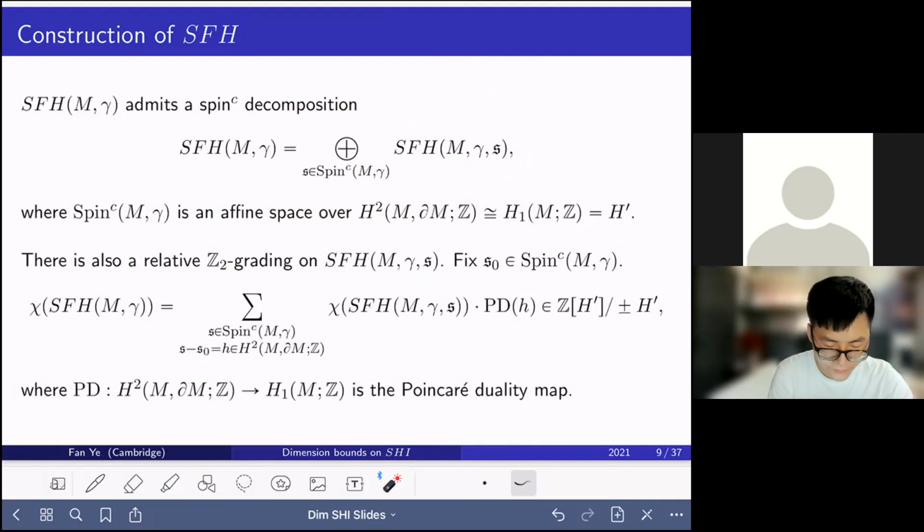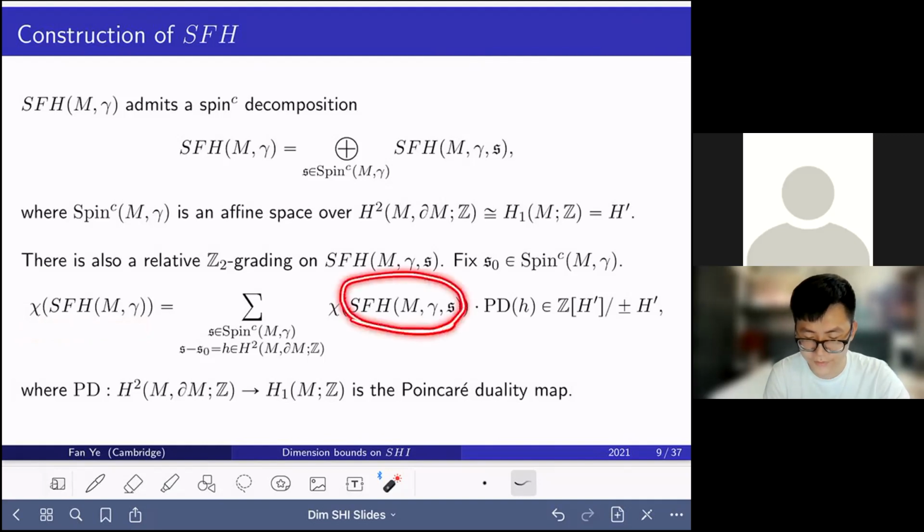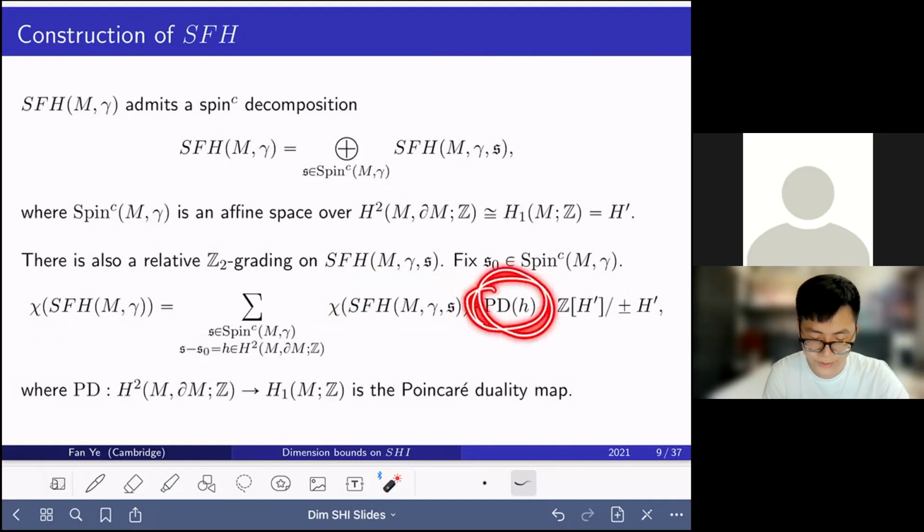Roughly speaking, the definition is that we first choose the group in some specific Spin^c structure, take the Euler characteristic, and multiply by an element h, where h is s minus s0. This is an element in the homology group, and by Poincaré duality, it is also an element in H'.